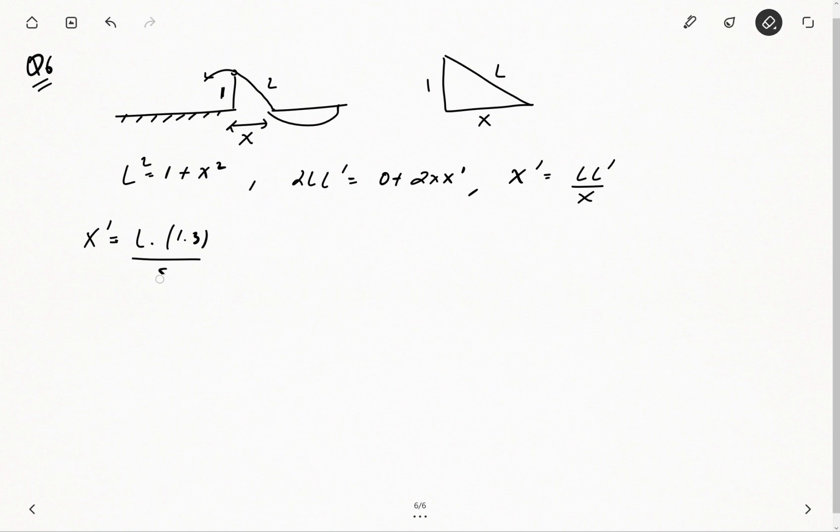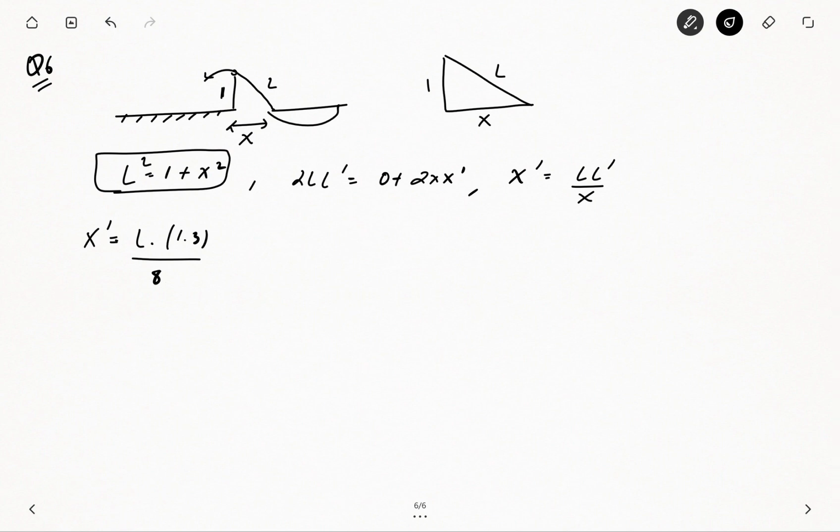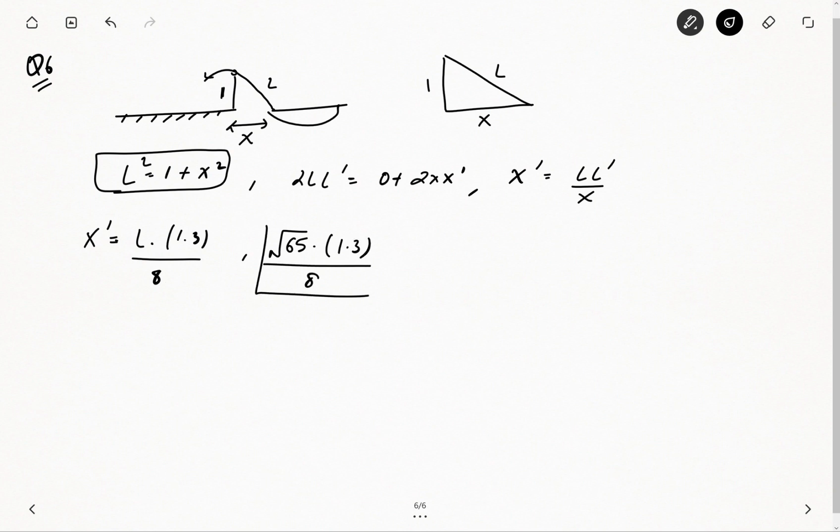L at that moment could be given by this relationship. L could just be the square root of 1 plus 8 squared, which is 65. So square root of 65 times 1.3 over 8 is the final answer for this problem.